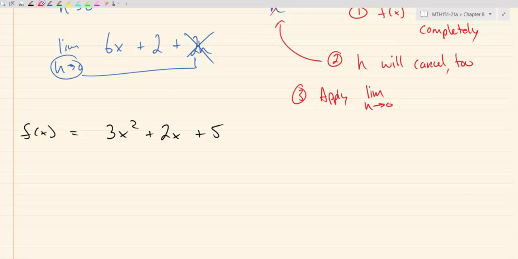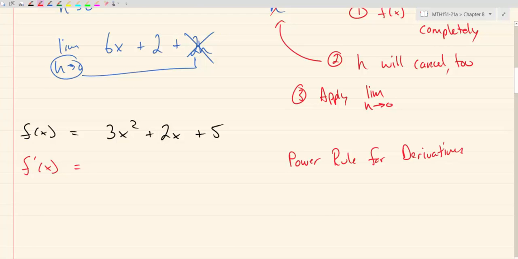And we're going to solve this equation using the power rule for derivatives. The power rule for derivatives said you take this exponent, you multiply it by the coefficient, so you get 6x, and then you subtract 1 from that exponent, plus 2. So this is applying the power rule for derivatives. This is much more efficient than doing the whole difference quotient.